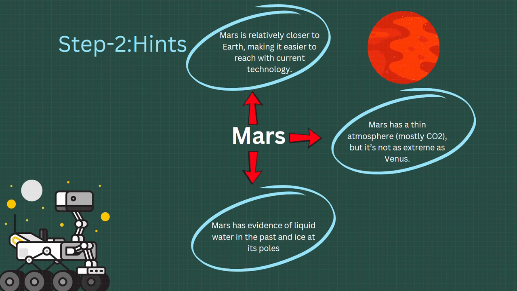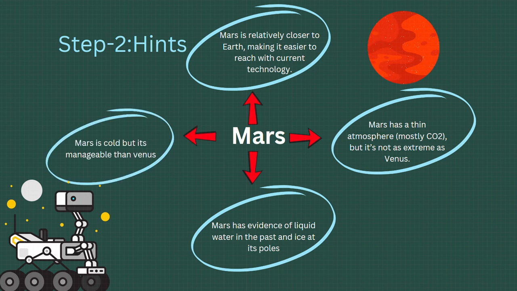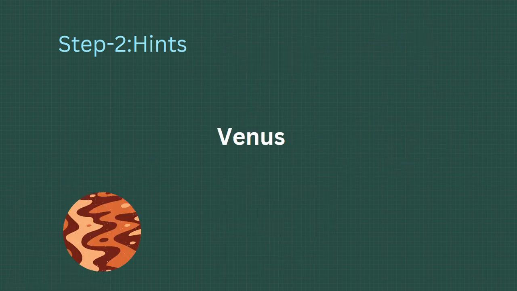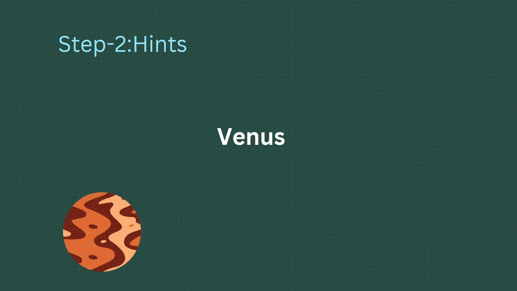Otherwise, it would have been the same as Earth. So there is a high possibility of life. Mars is cold because the order is Mercury, Venus, Earth, Mars. It comes after the Earth, so it is cold but more manageable than Venus. So these are the hints of Mars, and then we will dive into the hints of Venus.